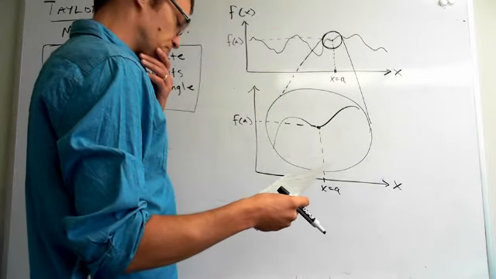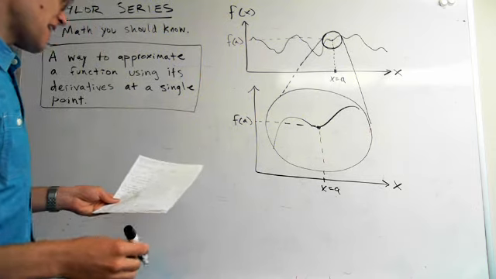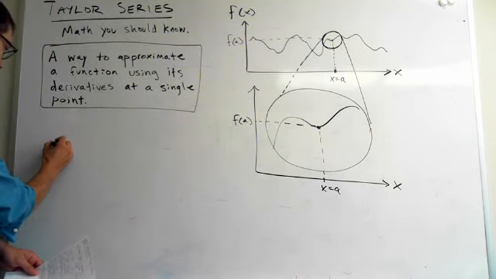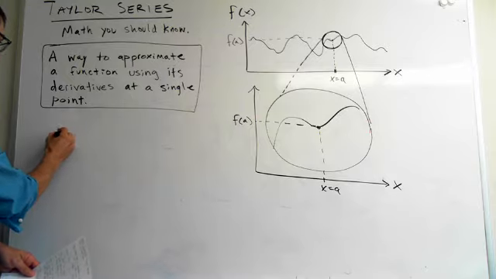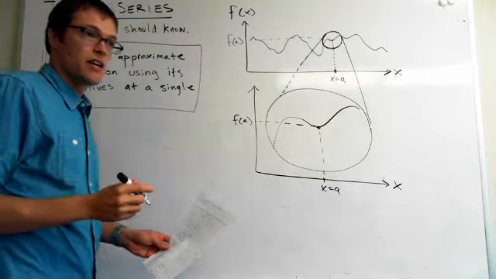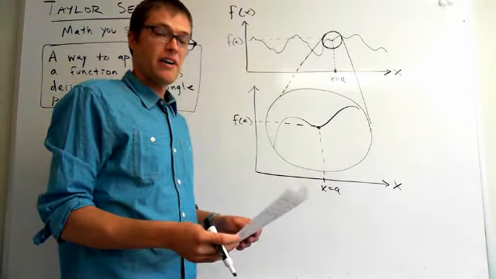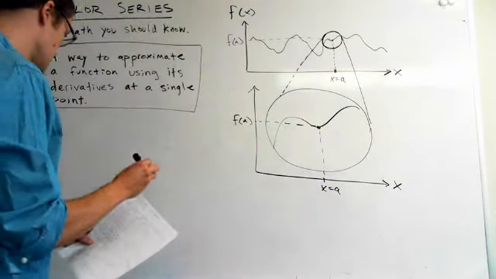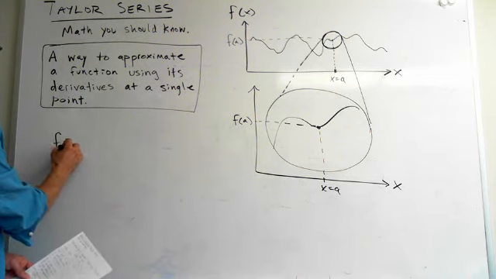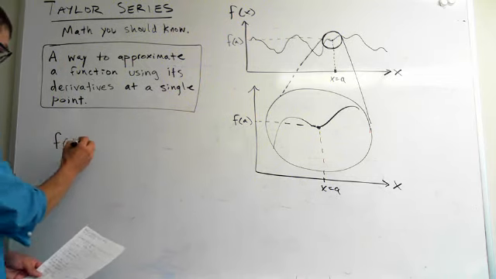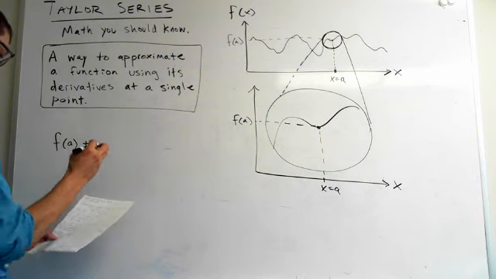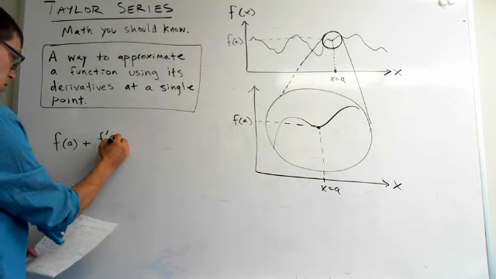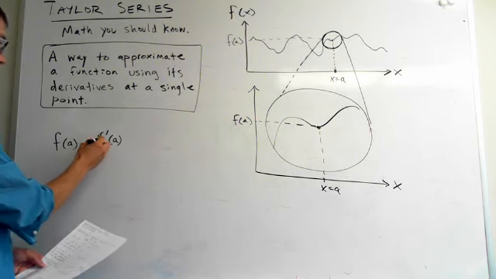Okay, so the math and the way you write down a Taylor series is as follows. If we want to say what is the Taylor series expansion of f of x near x equals a, then it is the following. It's f of a plus the first derivative of f.